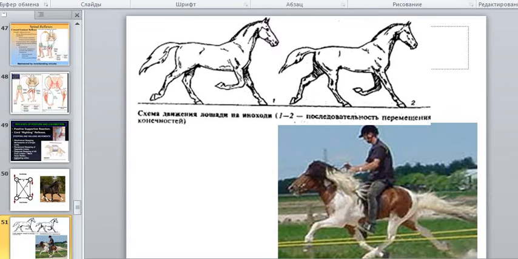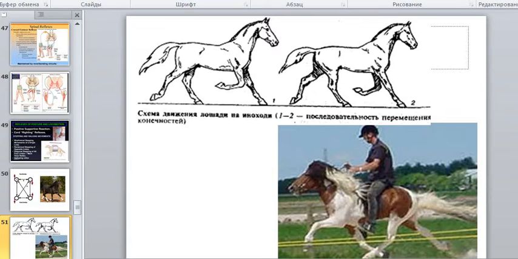But certain breeds of horses, such as the Icelandic horse or the Peruvian Paso, are bred specifically to show this gait.